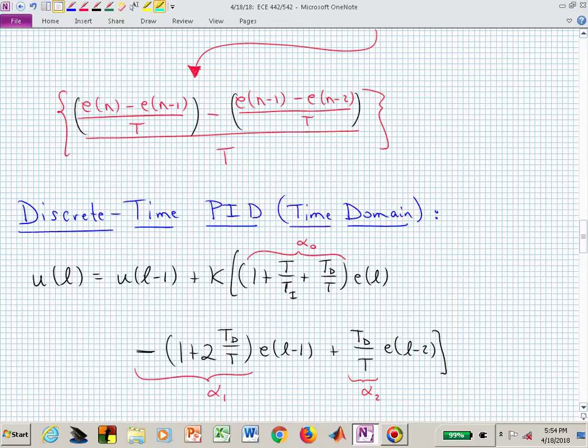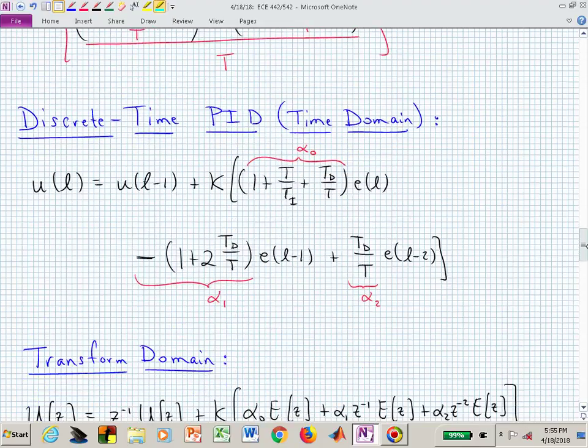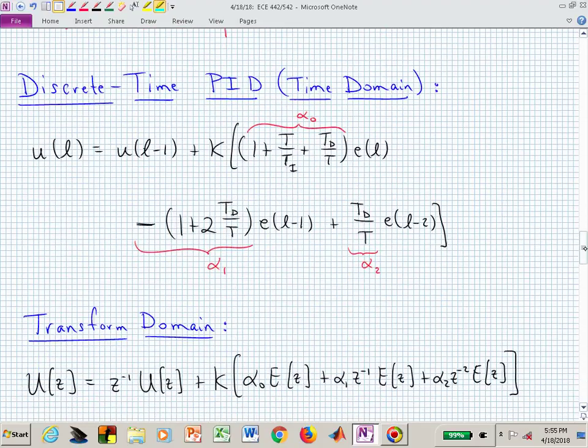E of n minus 1 z-transforms into z to the minus 1 capital E of z. So you have to be able to hit the shift key to get into the frequency domain. This is what you would end up with. You have a z to the minus 2 scaled by alpha 2.